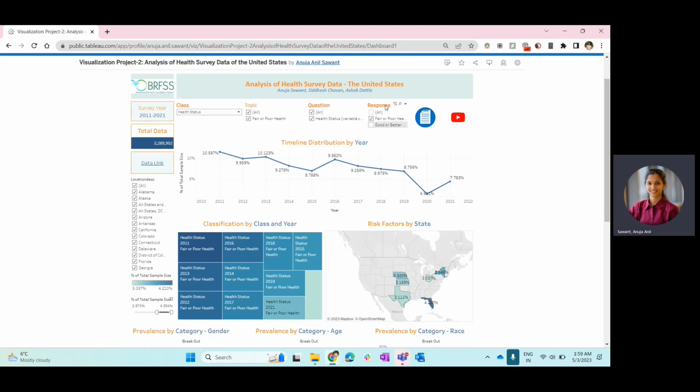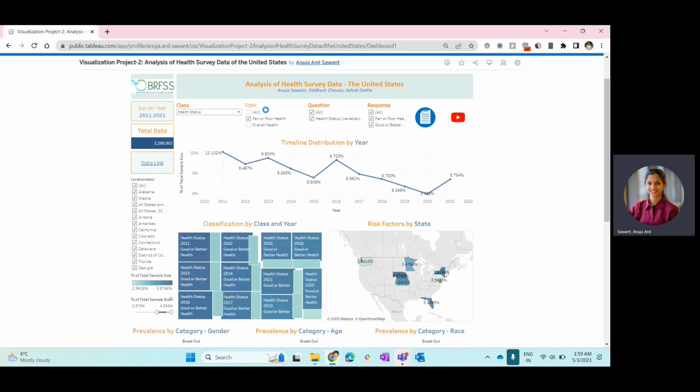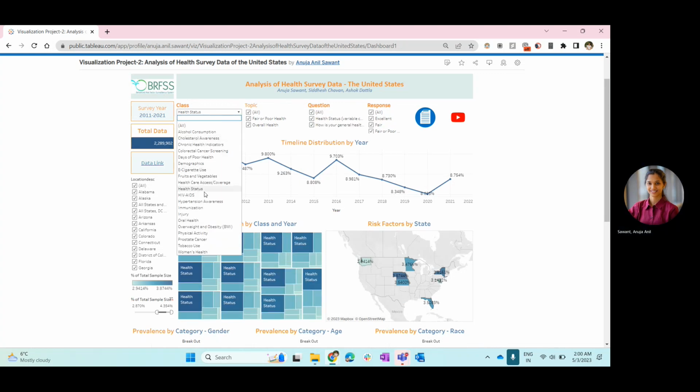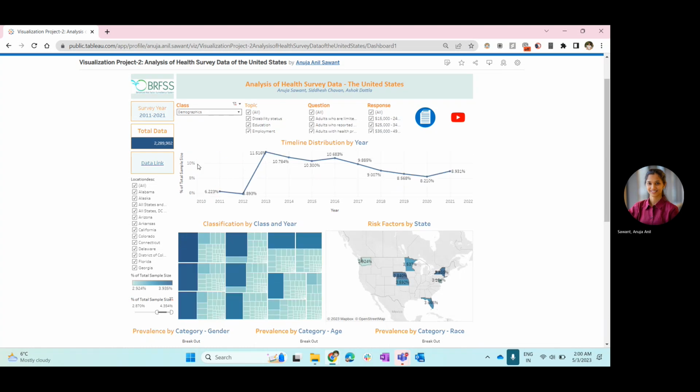And one more thing I noticed in this data: why not we check income and employment?